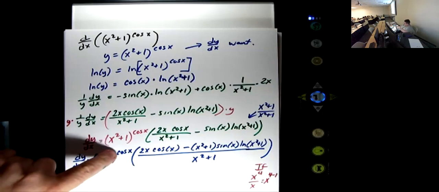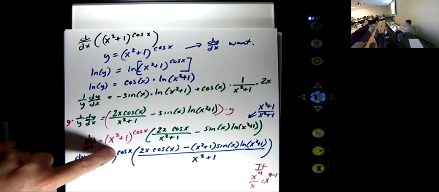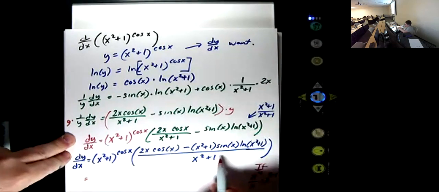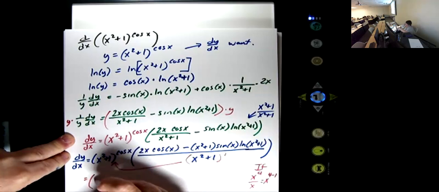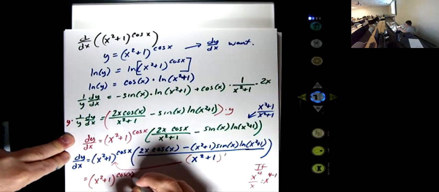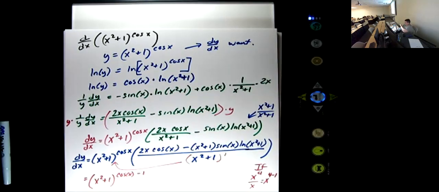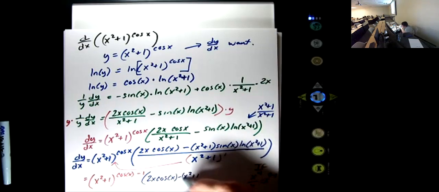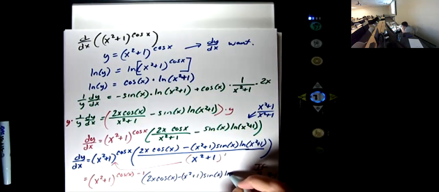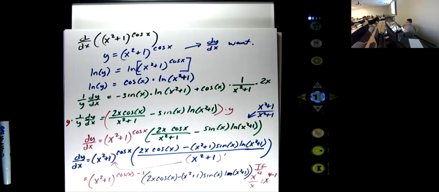Well, now I don't have a 4, I have a cosine x. This part is to the first power. I can combine it with this like this. And then we still have our fun little log term, but that's the derivative of that function.